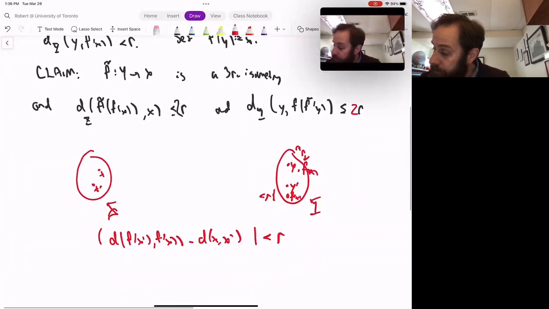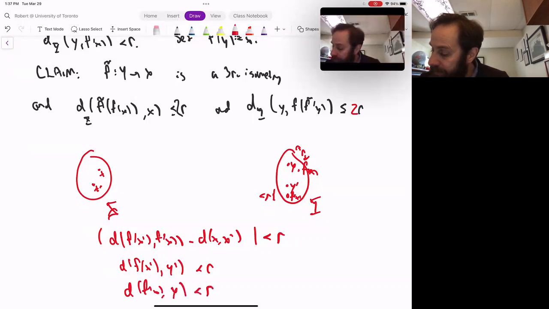And the distance F prime of x from y prime is less than R, and the distance F of x from y is less than R.